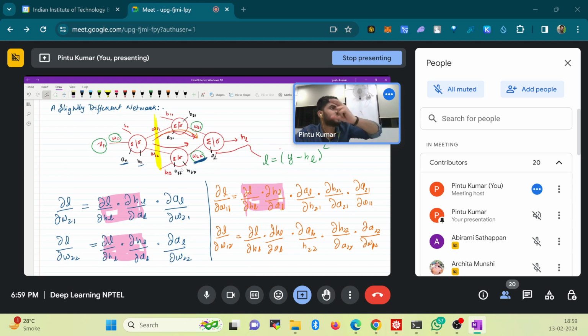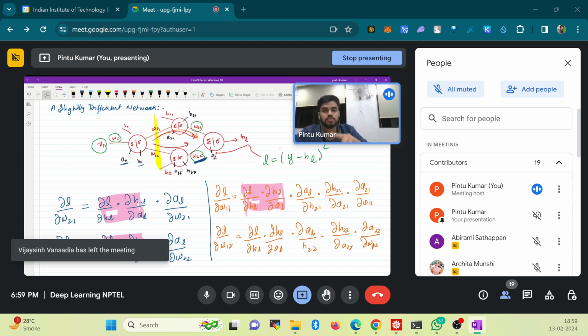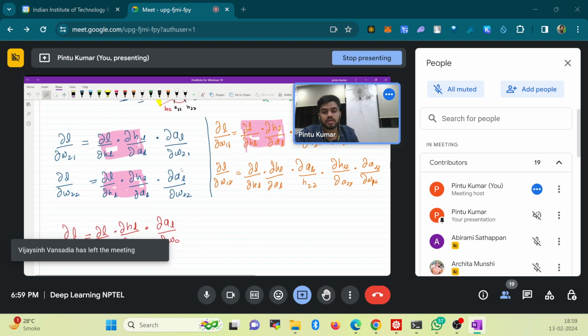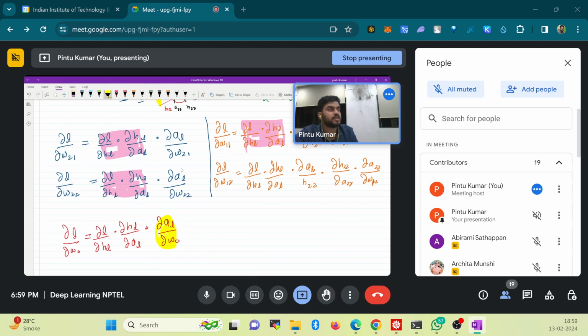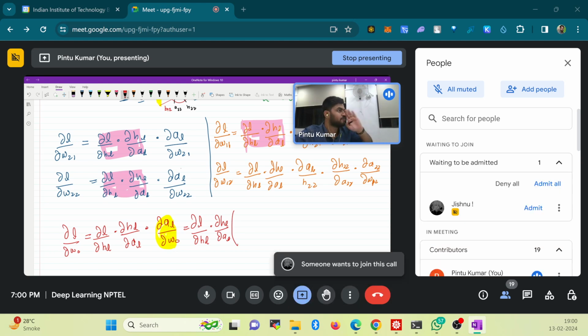Now there are two branches opening up that lead to W naught. This particular term that I'm highlighting in yellow would specifically split into two terms. The first two terms would remain the same, and then there are two terms that would be jointly multiplied.